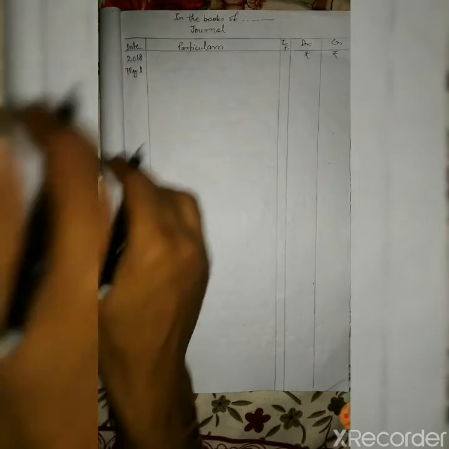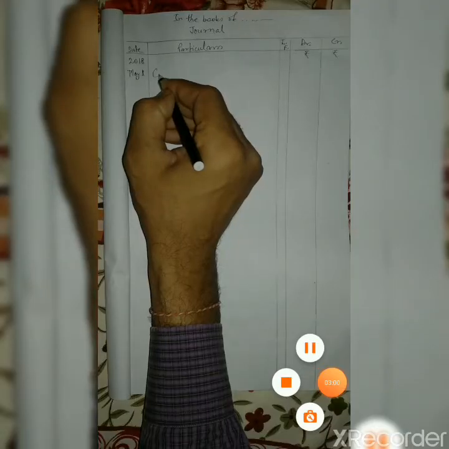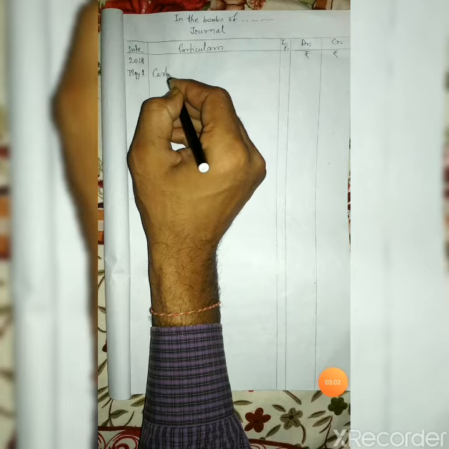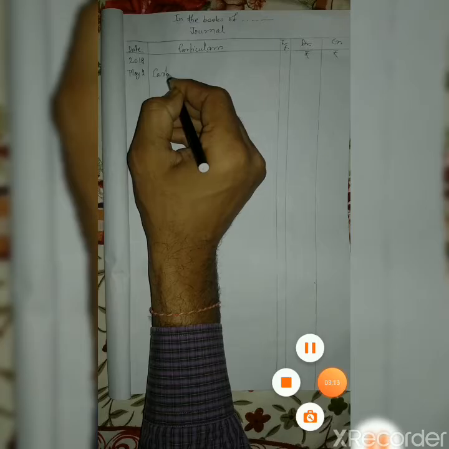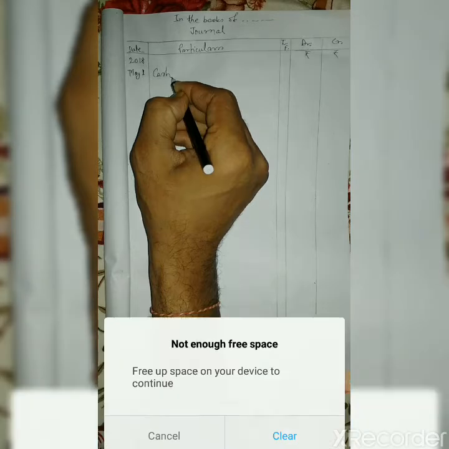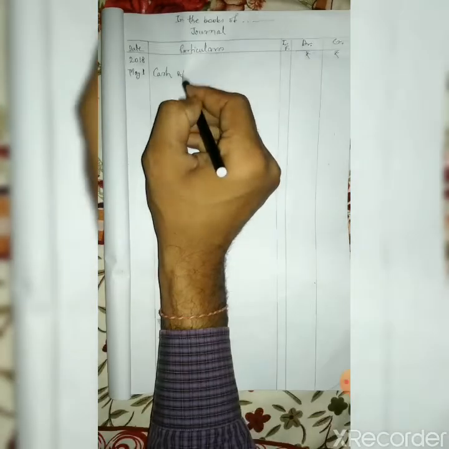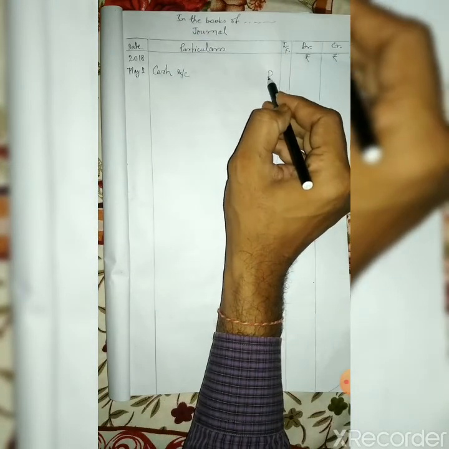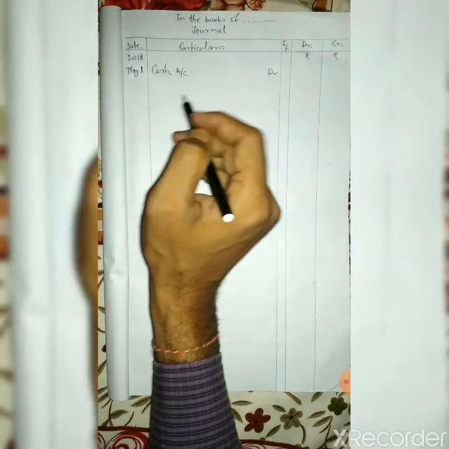cash. That means you have to always find two sides in every transaction. I told you that every transaction changes the financial position. So every transaction must be entered as a journal entry.